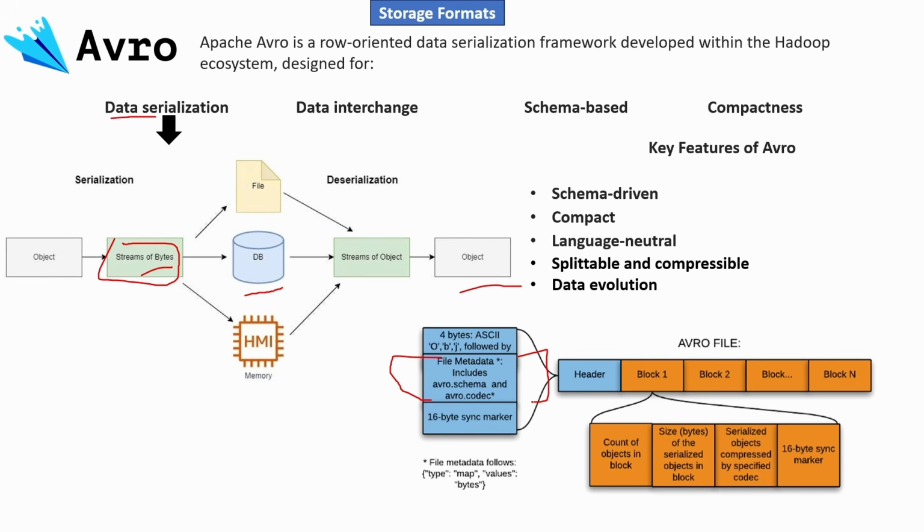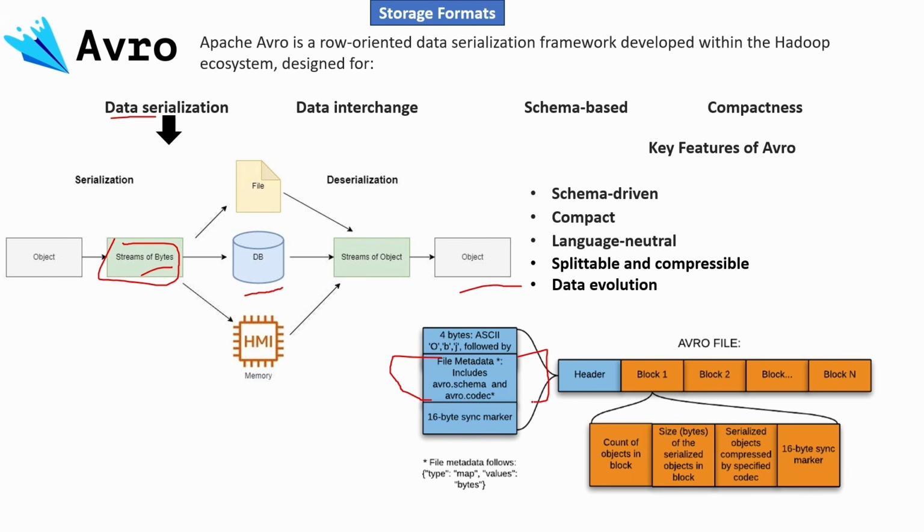Fourth is splittable and compressible. Avro files are splittable, allowing parallel processing in big data systems like Hadoop. Avro files can be compressed using codecs like Snappy or Deflate and anything like that. Fifth is data evolution. Avro supports schema evolution.